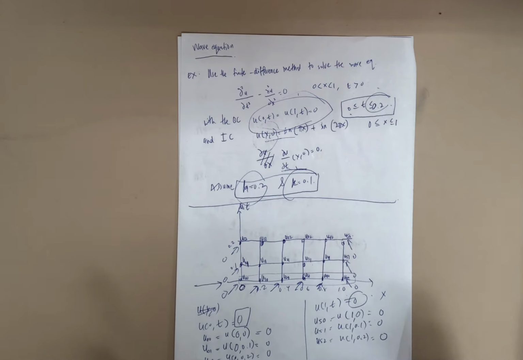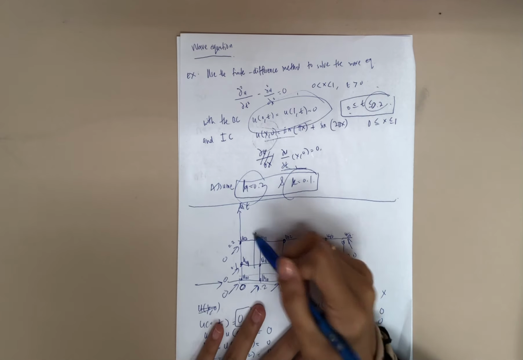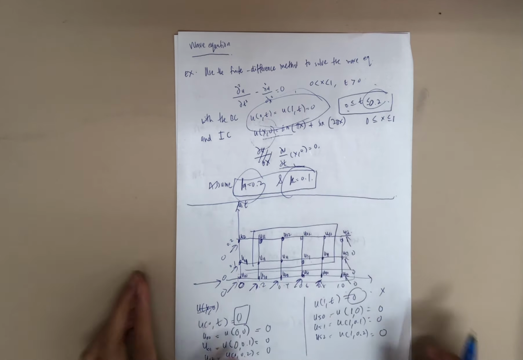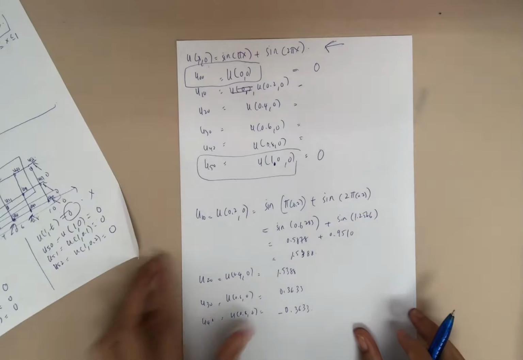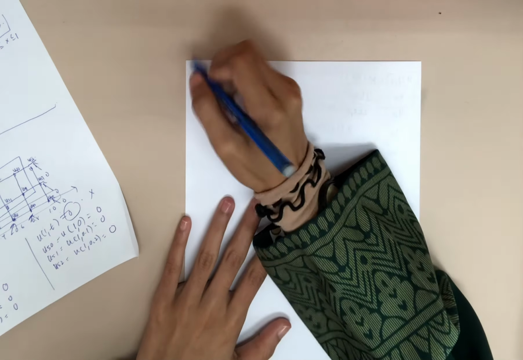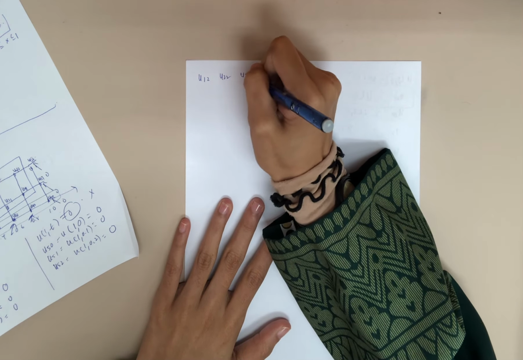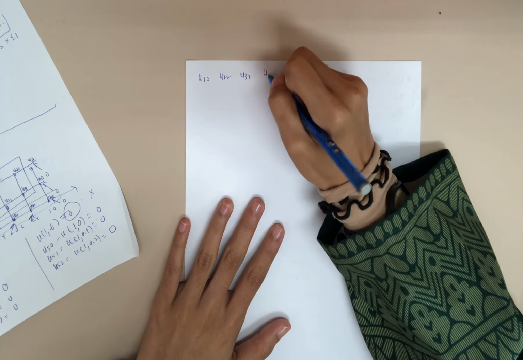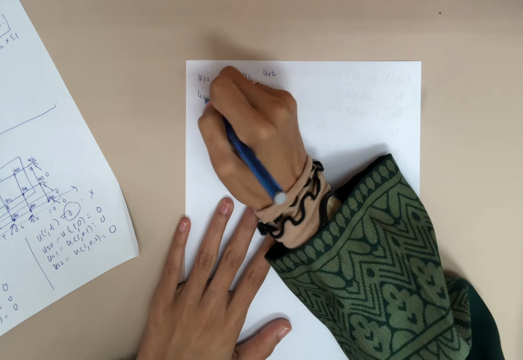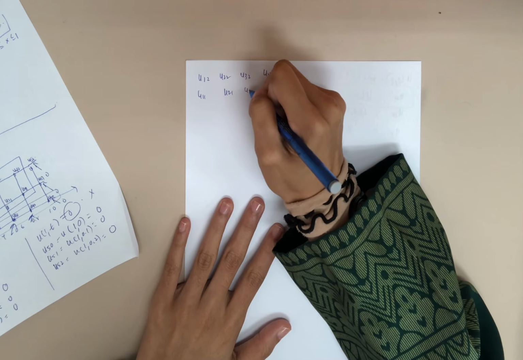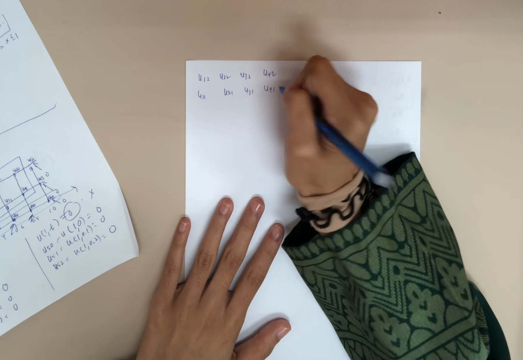So the values that we left are these. The values that we need to calculate now, I will write down first: U12, U22, U32, and U42, U11, U21, U31, and U41.